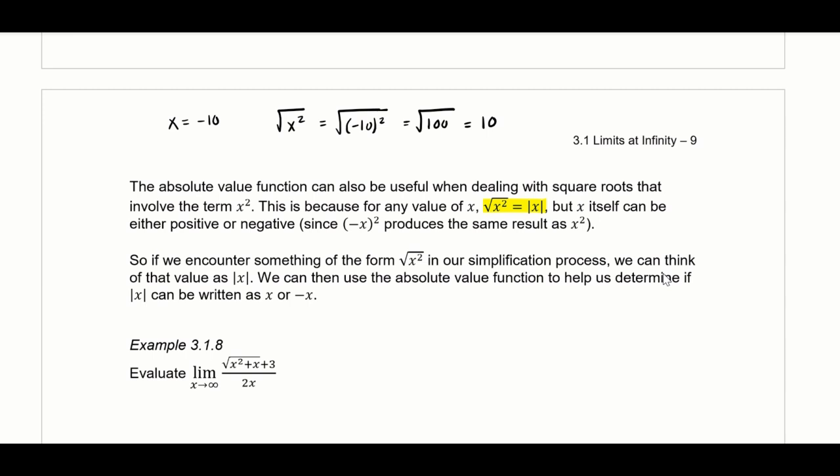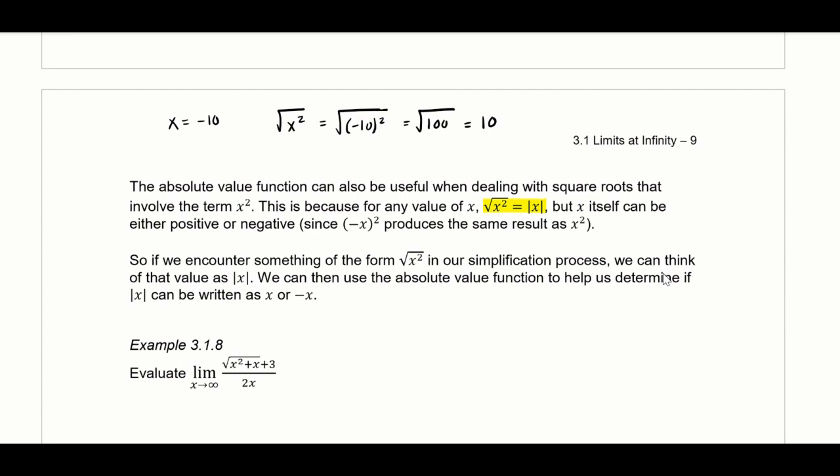So the x that we're plugging into these functions itself can be positive or negative because, like we just saw up here, the square of a negative is going to give us the same result as the square of the positive of that same quantity. Now this is something that in past times I've taught this course, this can be kind of convoluted, and some people are like, why do we do this, or what is the purpose of this? It's basically to deal with situations where we need to care about the sign of x.